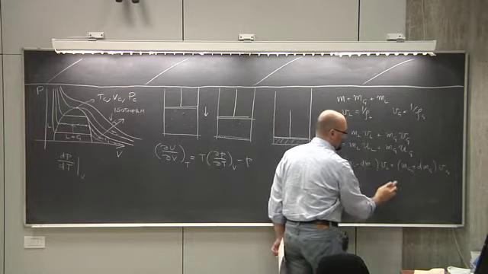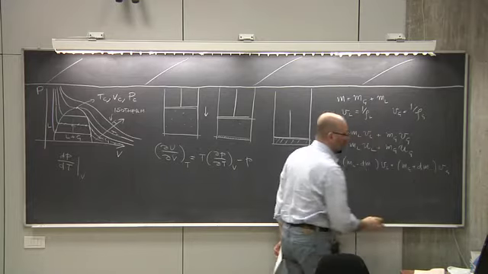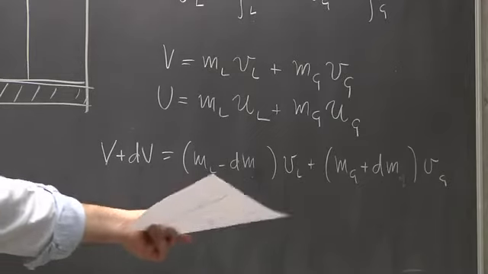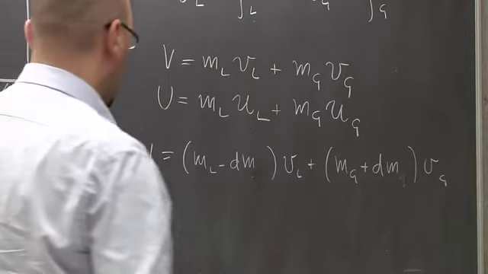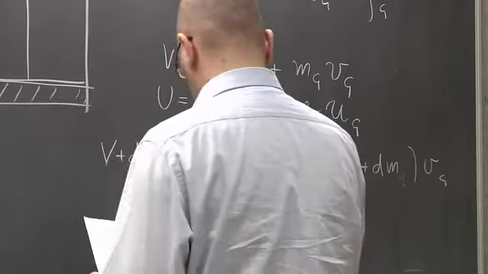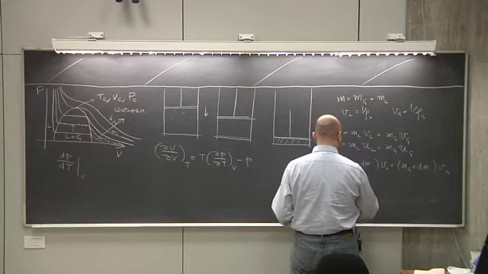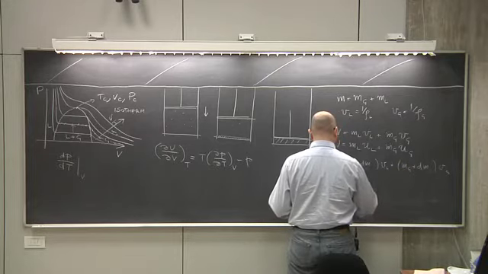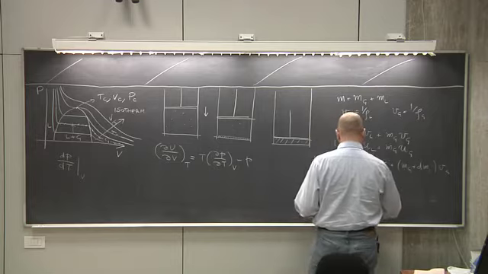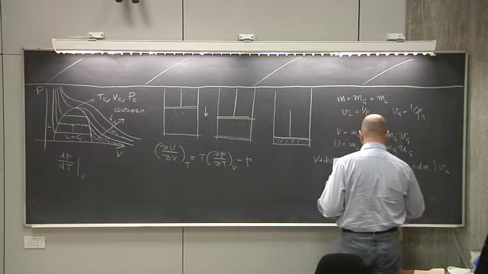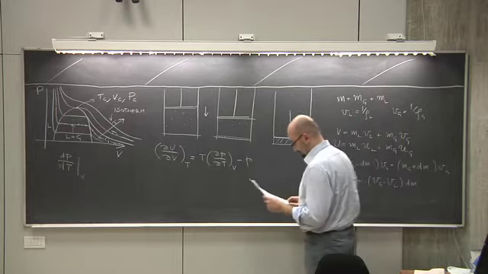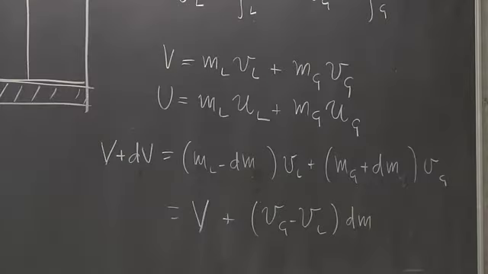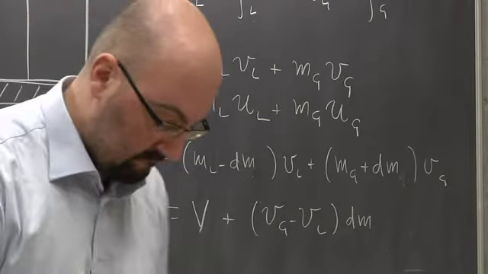So we can just drop the M and G indices on the differential. So the finite terms do sum to V. And we get this equation.